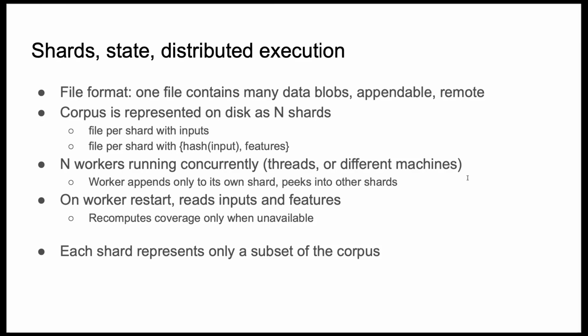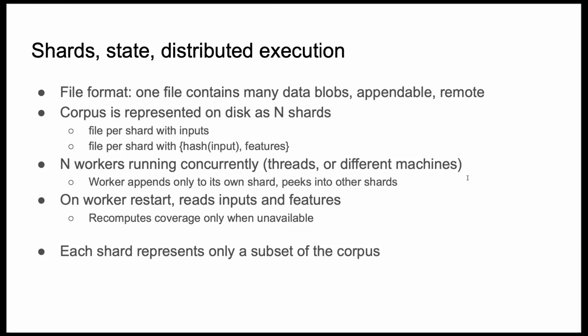And the corpus of Centipede is represented on a network disk as n shards, where each shard is two files. One file is just the inputs, where we keep appending inputs, and the other file is the sets of features that correspond to the inputs, and we have to store the hash of the input to build this correspondence.